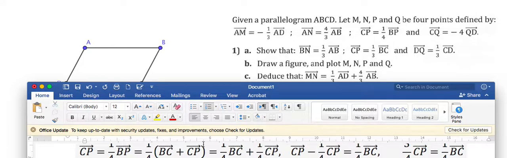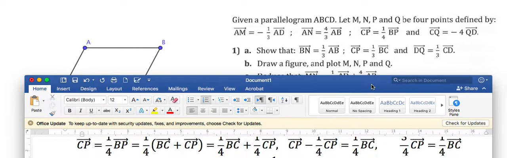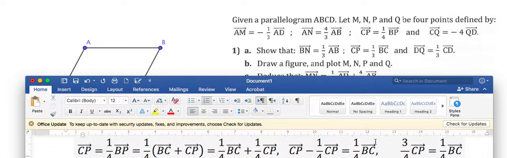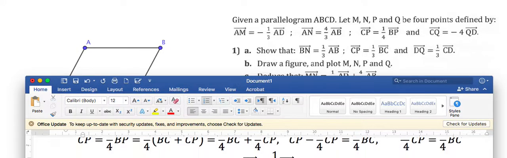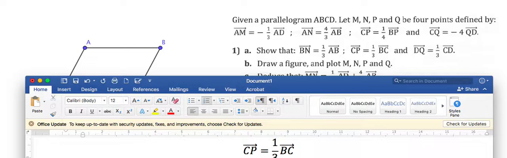Now separating, we get CP minus, to the other side, 1 over 4 CP equal 1 over 4 BC. Like terms, 1 minus 1 over 4, 3 over 4 vector CP is a quarter vector BC. So vector CP is 1 over 4 over 3 over 4 vector BC. Compound the fraction, we get what's required.